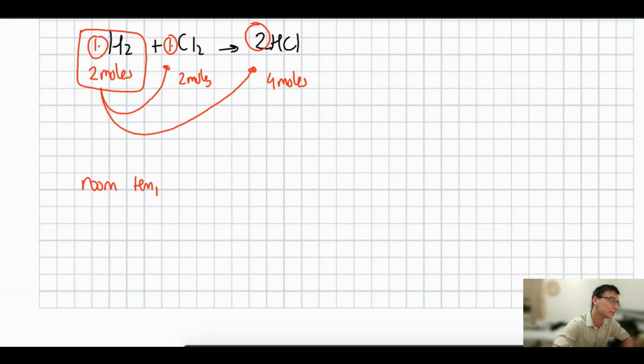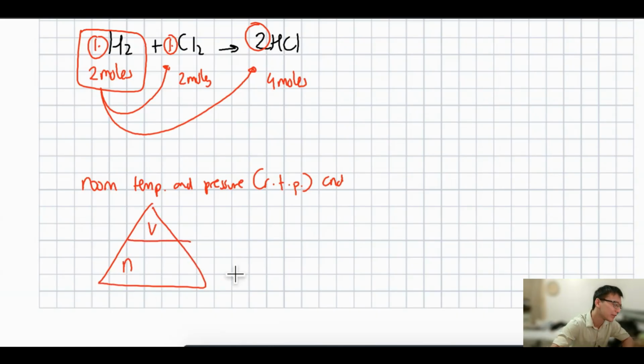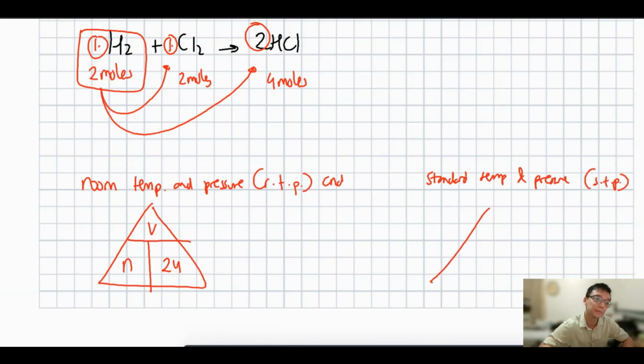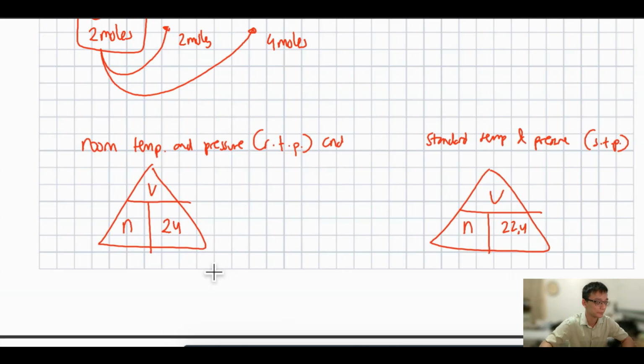In room temperature and pressure condition, or RTP we say, the number of moles would be equal to volume divided by 24. While for standard temperature and pressure, so STP, the number of moles would be equal to volume divided by 22.4.